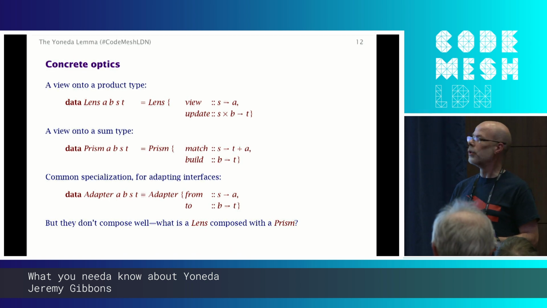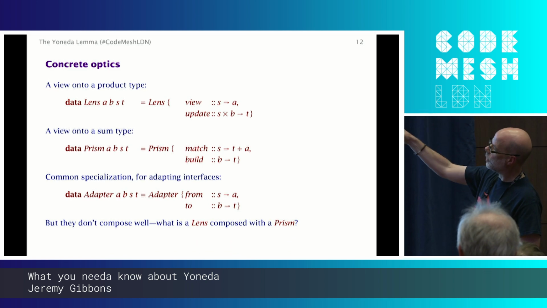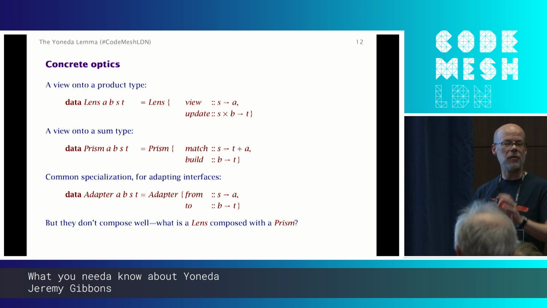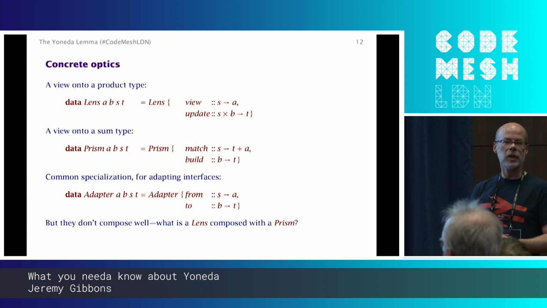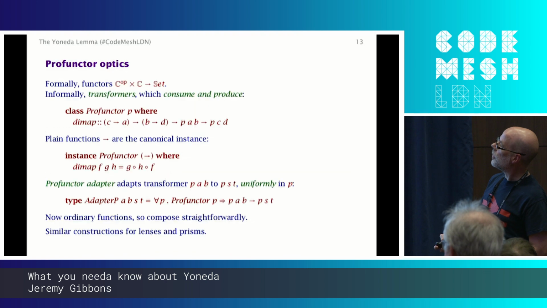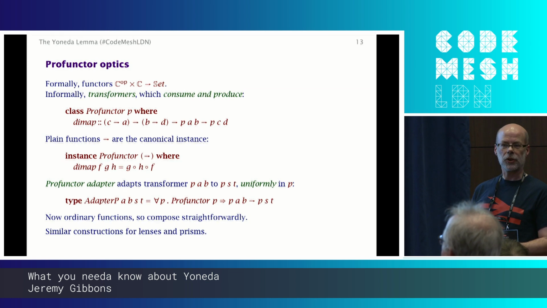And you can't always build because you need more information than just the field to do so. So the combination of a lens and a prism is not a lens, and it's not a prism, and it doesn't fit within this terminology at all. That's a bit sad. You can compose lenses with lenses, and prisms with prisms, but you can't compose lenses with prisms. So there's this funny, fancy, clever representation in terms of these things called profunctors, hence Profunctor Optics.